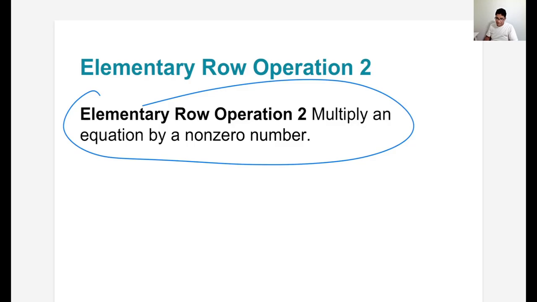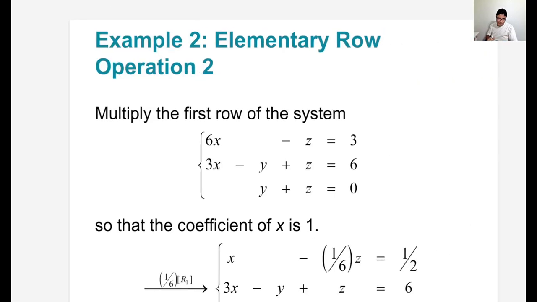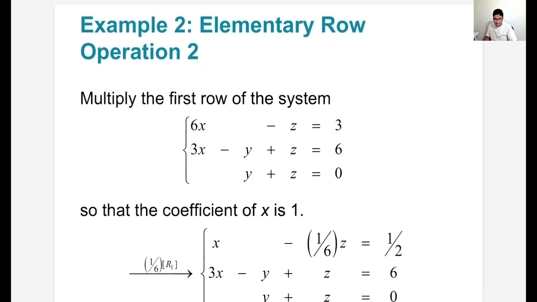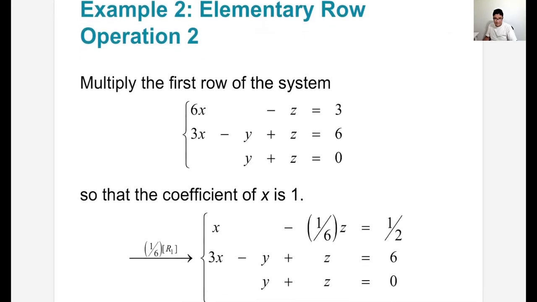But in this step itself, we just multiply a row. Here is an example. Take that equation and you are multiplying the first row by 1/6. Again, when we write it, we will just write 1 over 6 R1.